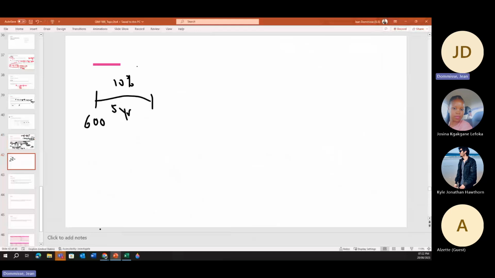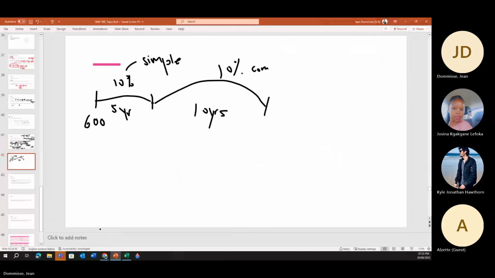And they can say that is simple interest. Then they say, well, after that 5 years, he invested again for 10 years. But now that becomes a 10% compound interest rate. And then my question, how much will Sam have after 15 years?